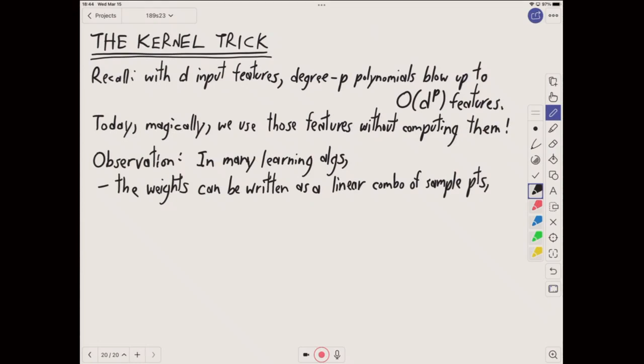And the second property of a learning algorithm that you need if you want to apply the kernel trick is that there has to be a way to implement the algorithm so that you don't ever actually need to compute the lifted vectors explicitly, because all the computations that you do only need inner products of these lifted vectors.